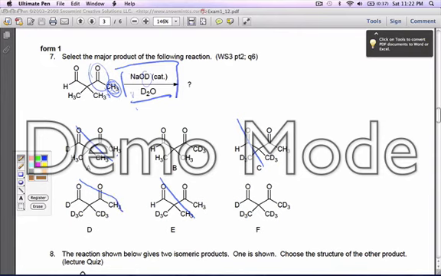Now let's look at the difference between this one and this one. In choice number F, they replaced all of the hydrogens in the molecule. And one of the main things to take away from this question is a hydrogen that is directly attached to the carbon of the carbonyl is not acidic because you cannot remove this hydrogen.